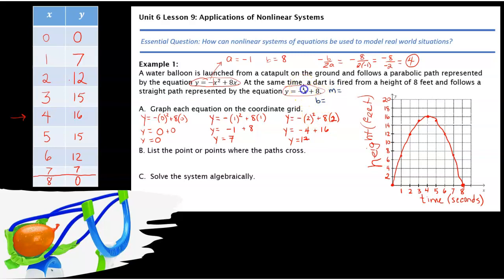Our slope, the number that's being multiplied by x, is negative 1 over 1. And our y-intercept is our constant, which is 8. So this means that we'll start at 8 on the y-axis, which is here.